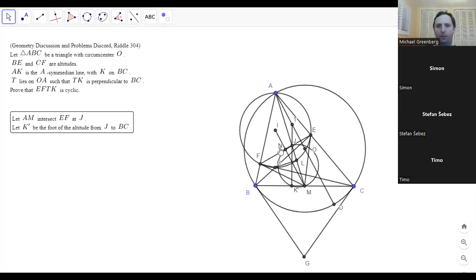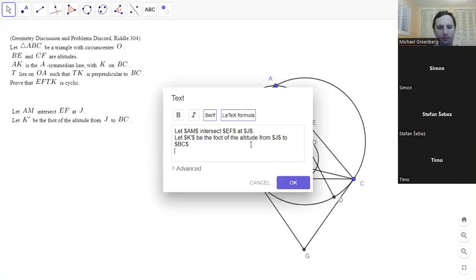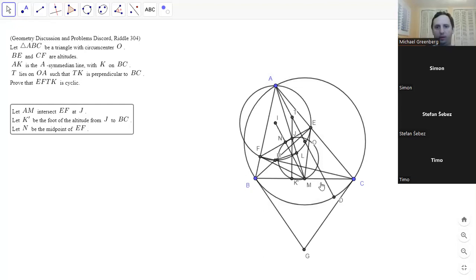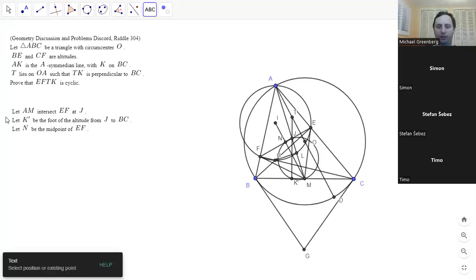Since M is the midpoint of BC, let N be the midpoint of EF. Then angle MNJ is equal to angle M. We know this is 90 because BFEC is cyclic.